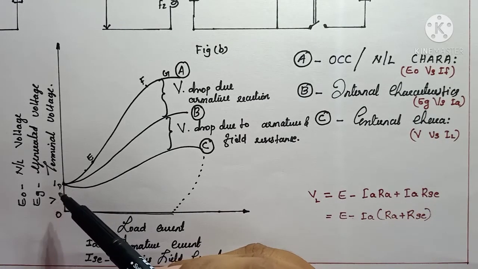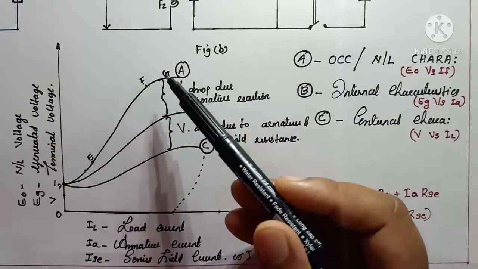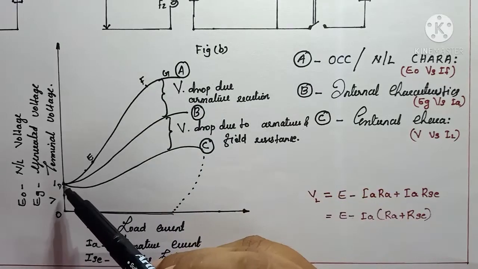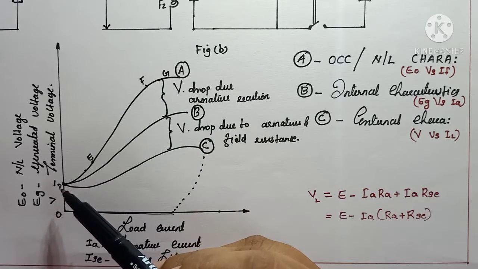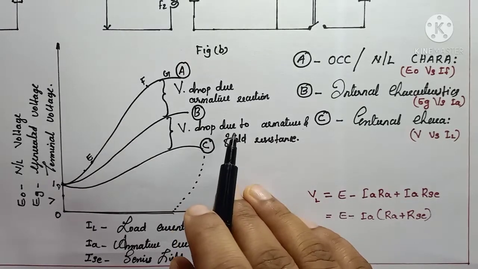If the field current increases from 0 to a maximum value, no load voltage will be generated in the armature, but it will not start exactly from 0 due to residual magnetism.